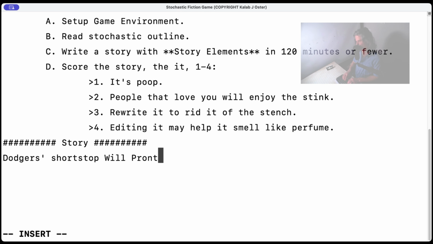Will Prompt. Sits. Stands in the aisle. I think that's aisle. I hope that is.